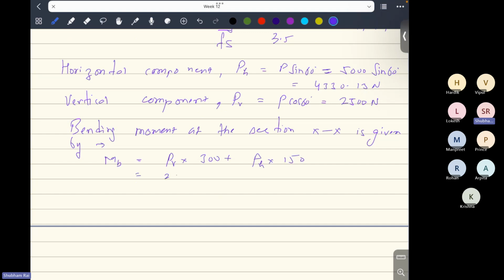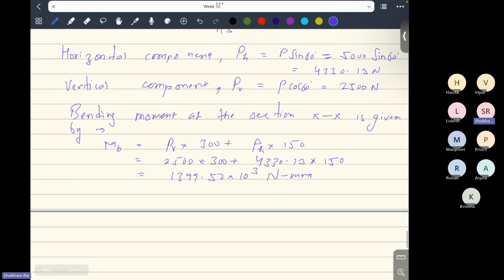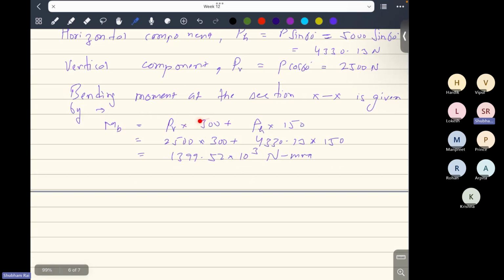Finally, if you calculate, this is 2500 into 300 plus 4330.13 times 150. So you will get 1399.52 into 10 power 3 Newton mm. Newton mm, because this force is in Newton and this distance is in mm.